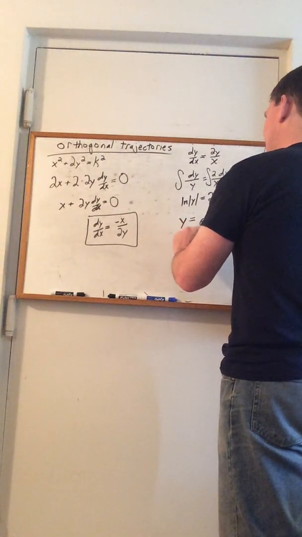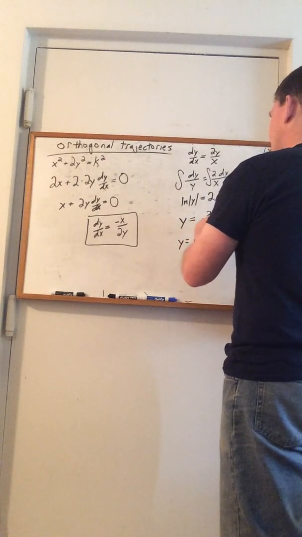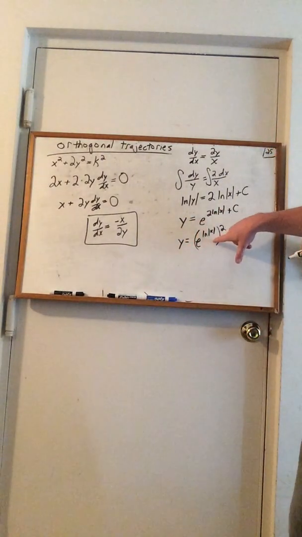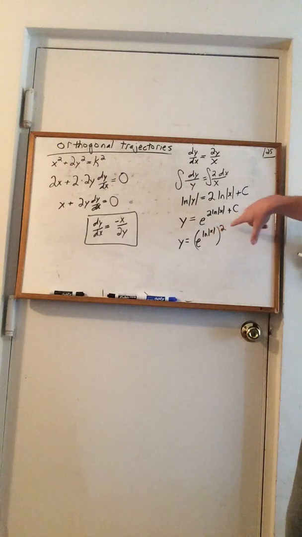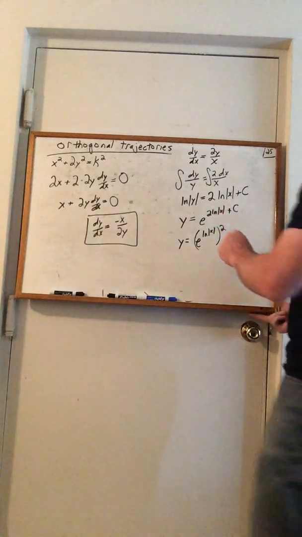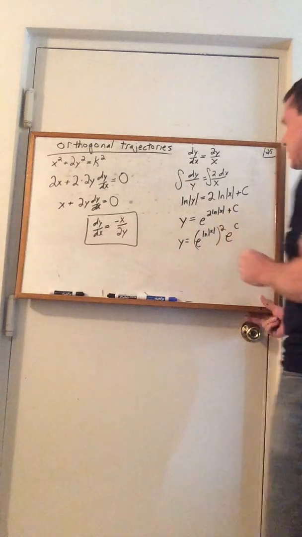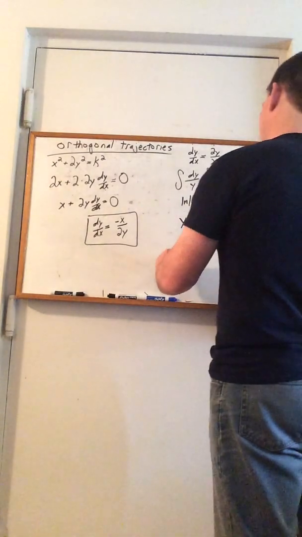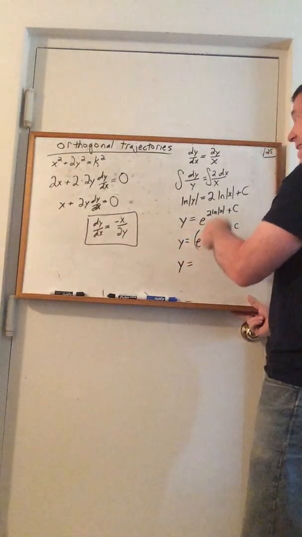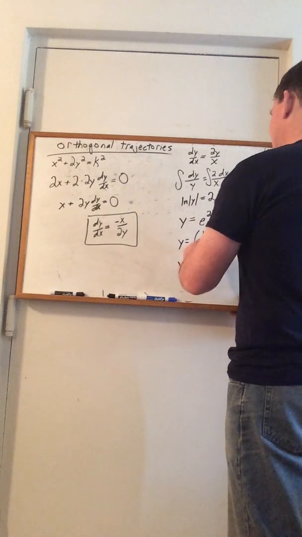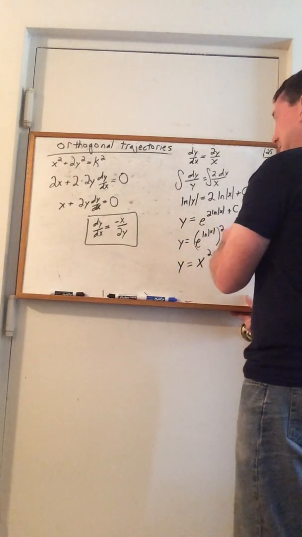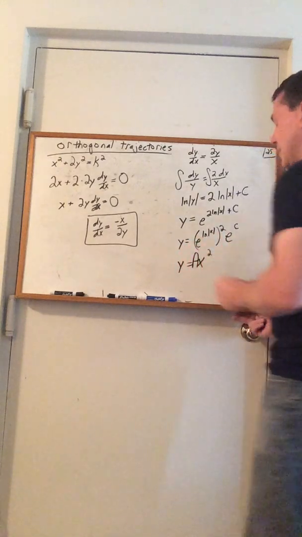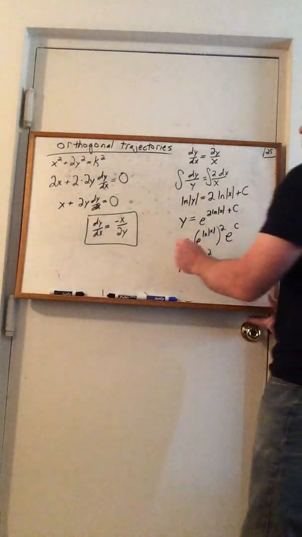I'll have y equals e to the ln x squared, by rules of exponents, raising an exponential to a power, multiply the powers together, times e to the c. Multiplying two exponentials together, add the powers, so we're completely good. Now e to the ln cancels, and this becomes x squared. E to the c is just a constant, so I'll stick it out in front. y equals a x squared.